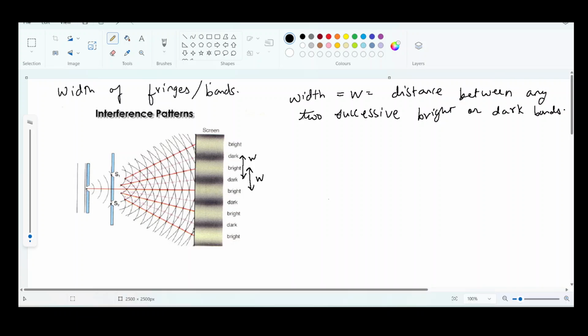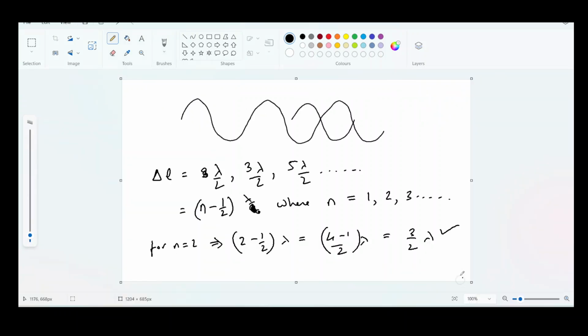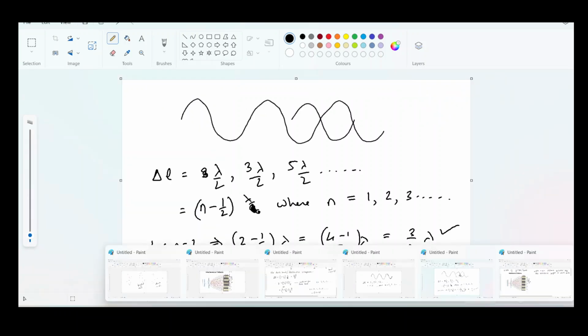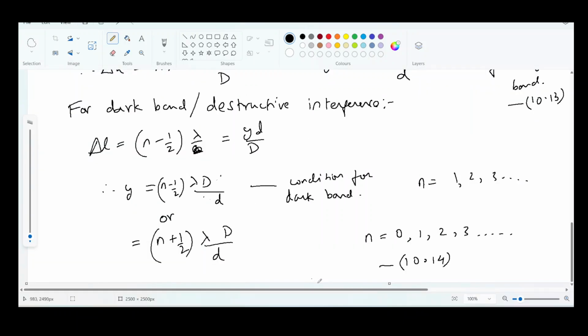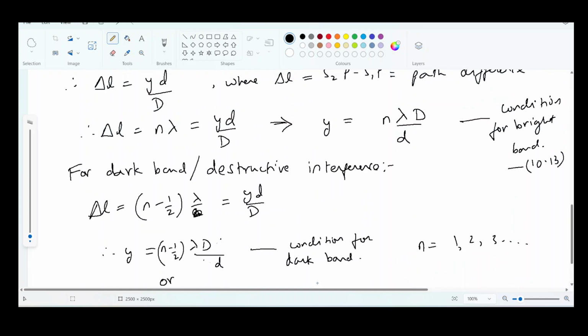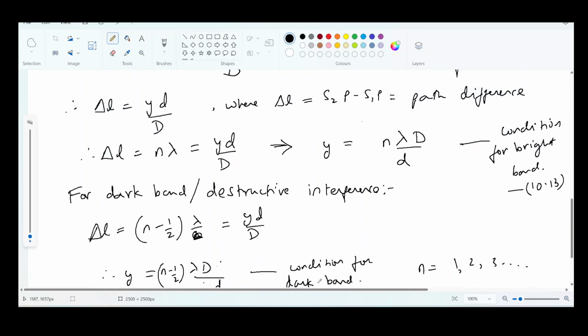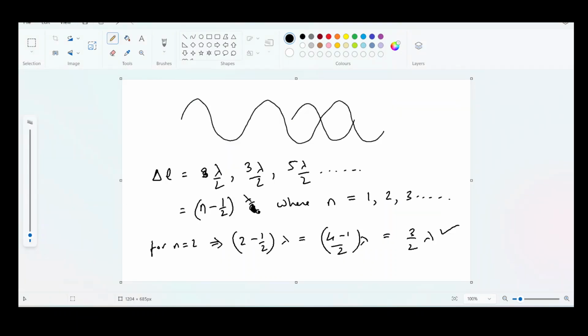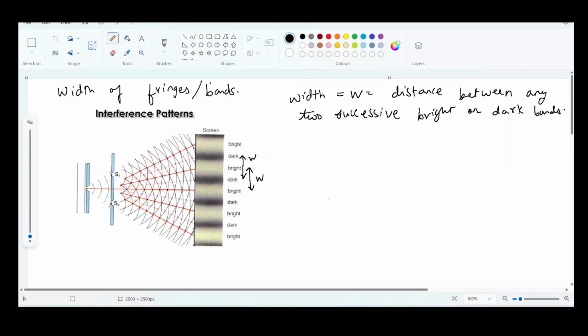All we need to do is consider any of the two conditions. Let's consider the bright condition. So select rectangle. This is the condition for bright band, and I plug it over here.